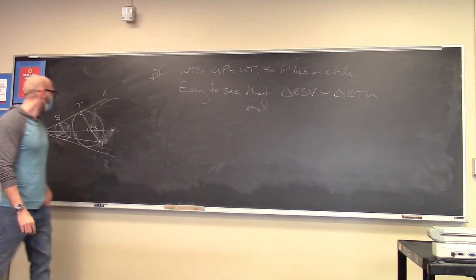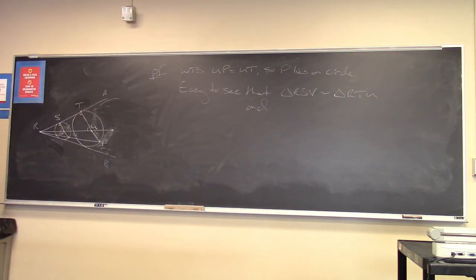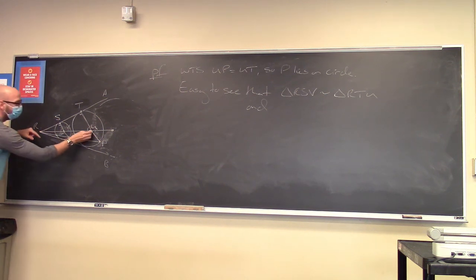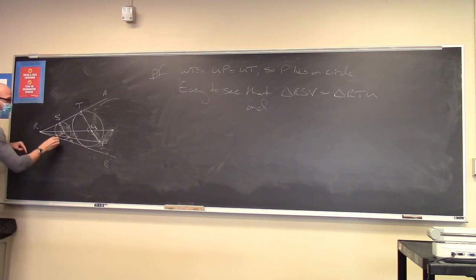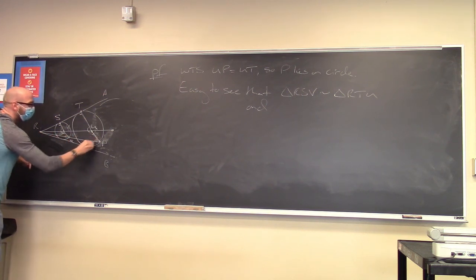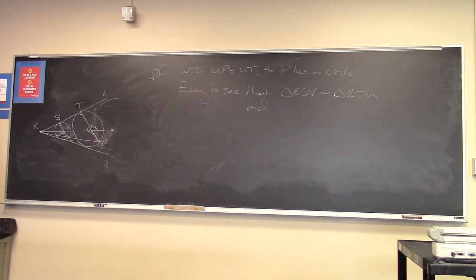And there's another pair of similar triangles in this picture. Because these are parallel, that angle and that angle are congruent, and so is that angle and that angle. And therefore, so is this third angle.